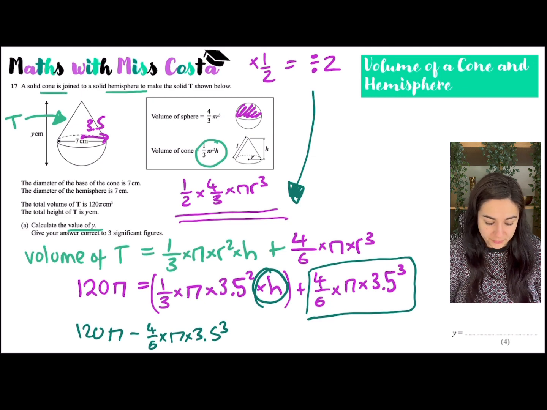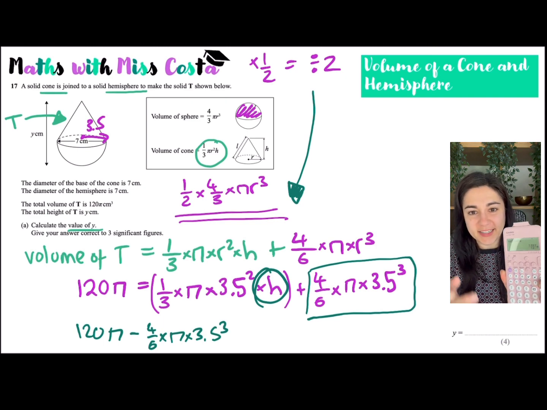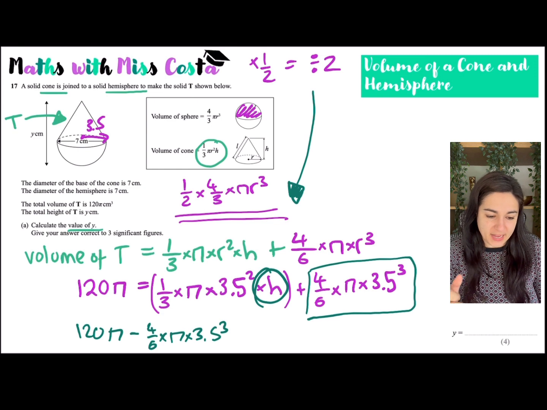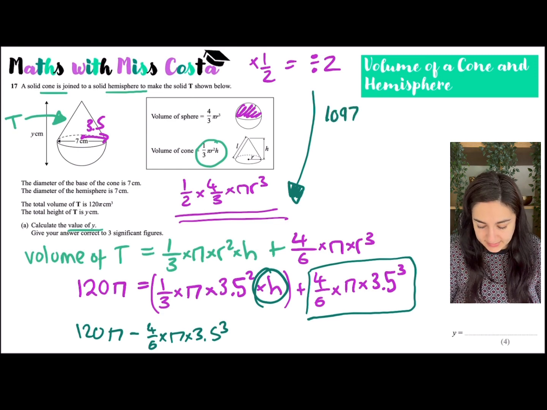So I'm going to do 120 pi take away answer. Okay, still getting used to this calculator. So 120 pi, take away answer, and then it gives me 1097 over 12 pi.